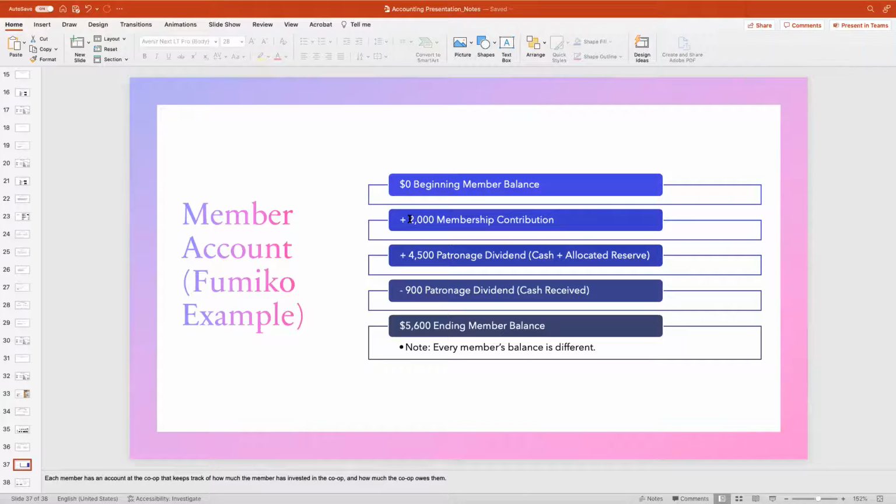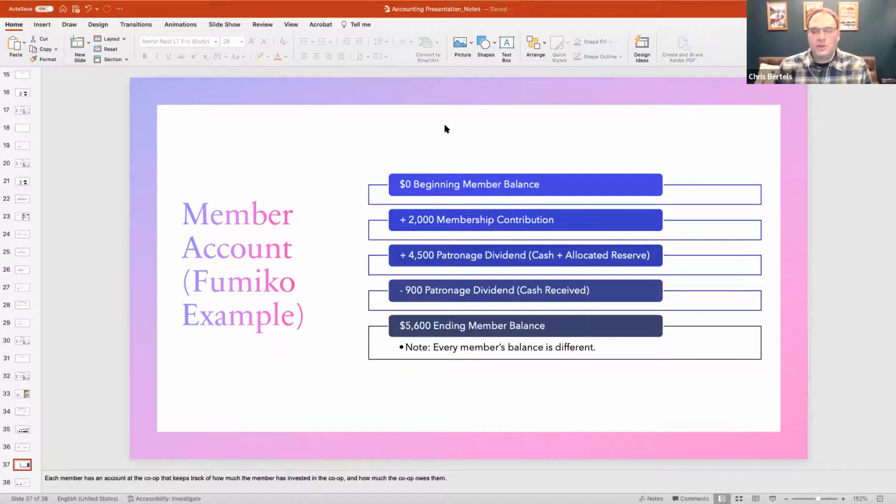She's giving that money to the co-op at zero interest. So even if she's there for 10 years, she's still getting 2,000 back, right? Yeah, that should be the case.